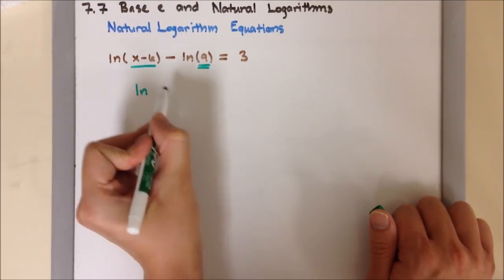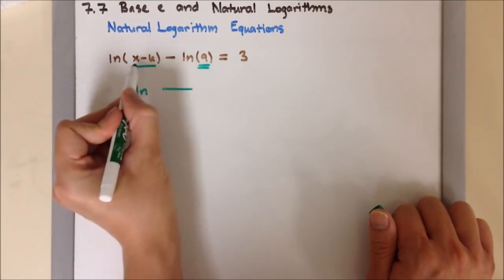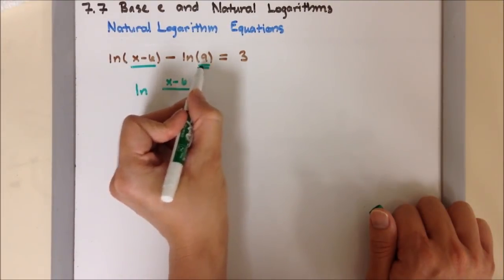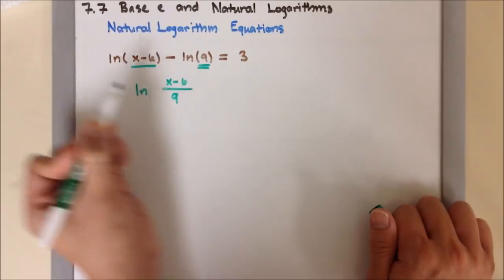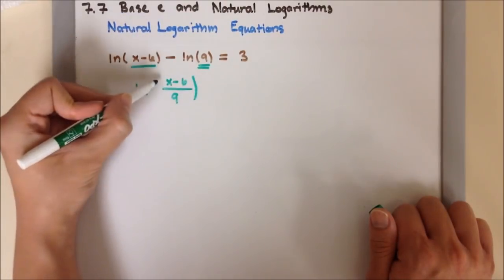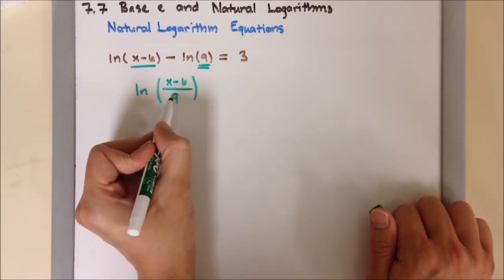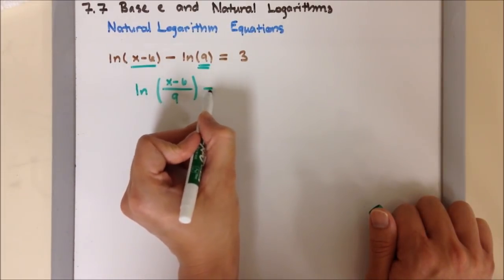For my numerator, it will be what is written first, so x minus 6. And then what is written second, 9, will be in the denominator. And this is inside of natural log, x minus 6 over 9. And then the whole thing is equal to 3.